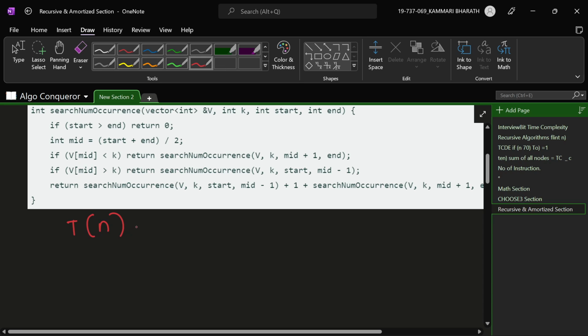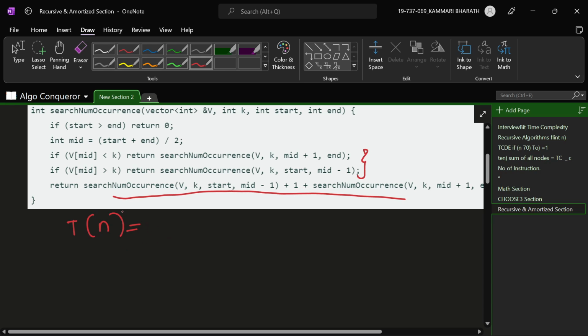This is the recurrence relation. How do you write it for the worst case? For the worst case, we don't care about these. We only want this case. In these two cases, only one of the function calls is happening. But in this case, both function calls are happening. So this is the worst case.